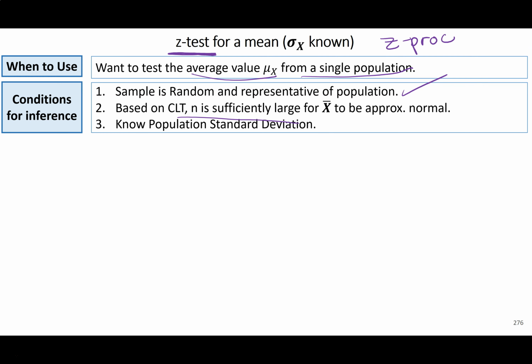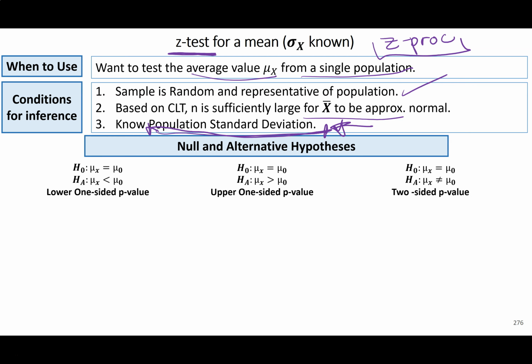Central limit theorem is going to kick in, and the sampling distribution of X bar is going to be roughly normal. And then this condition is very specific to z procedures. So like if you want to use z procedures for a confidence interval and you have a z star for your critical value, or in this case, we use what we call a z test statistic, you must meet this third condition here.